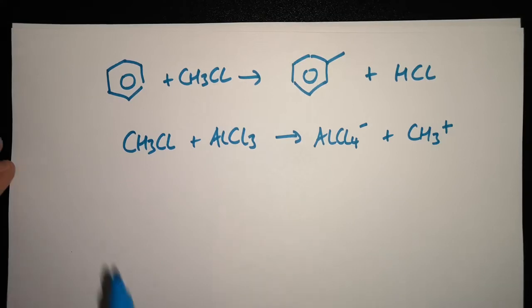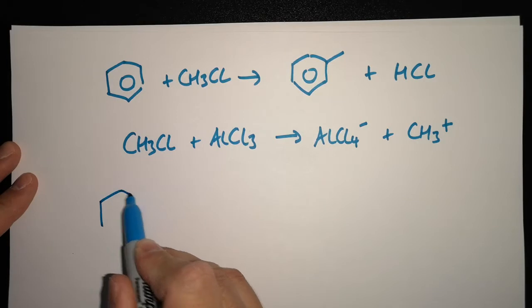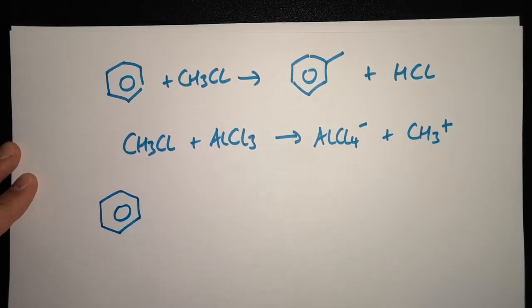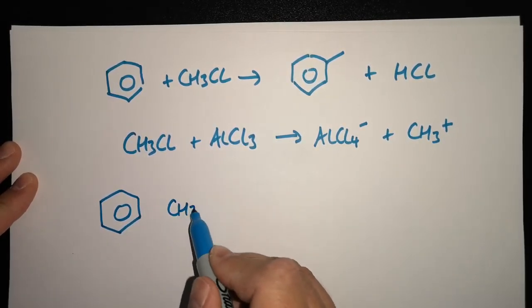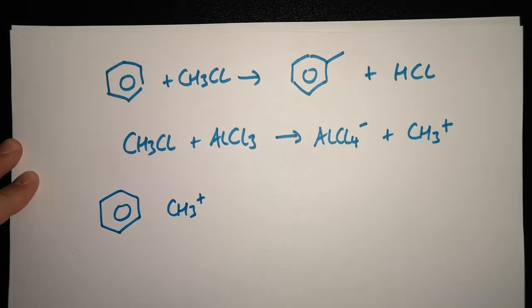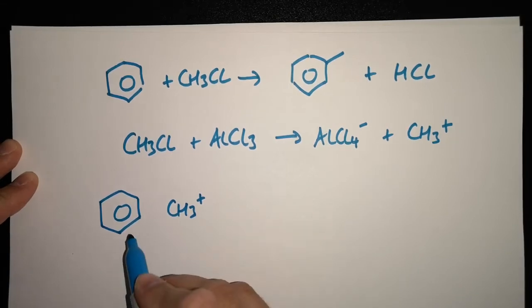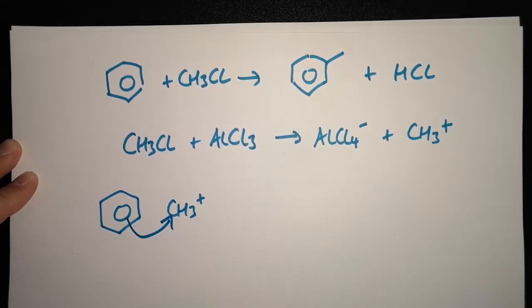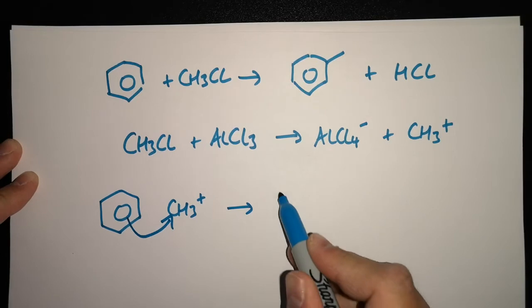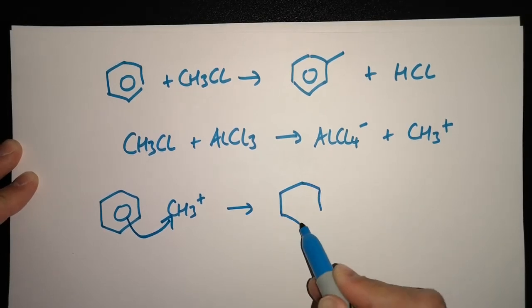Okay, thank you. So what we should have is that we have our benzene with our methyl ion. Now technically the positive should be on the carbon because that's where the electron's missing from, but that's generally how we see it. A movement of electrons from the ring to there to create my intermediate.